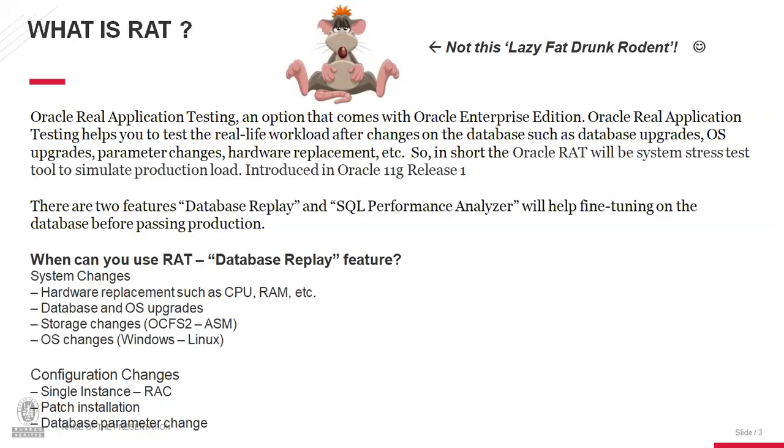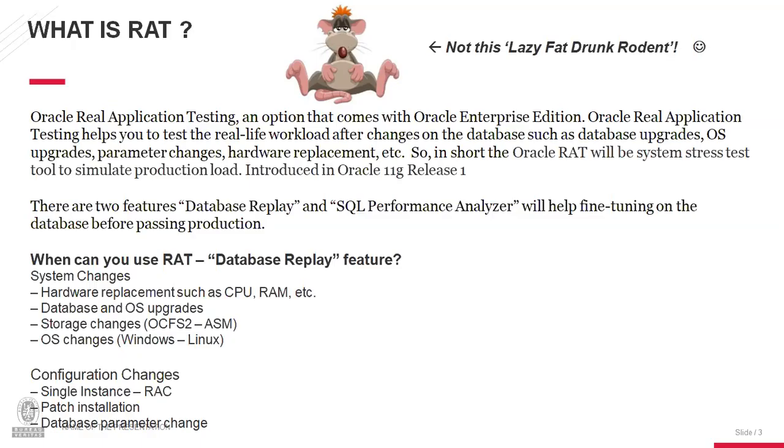If you want to understand the entire database performance, then you have to use the Database Replay functionality. If you only want to understand, okay, this is the main query, and I would like to understand its performance using RAT, then you have to use the SQL Performance Analyzer. This is a kind of selective RAT approach.